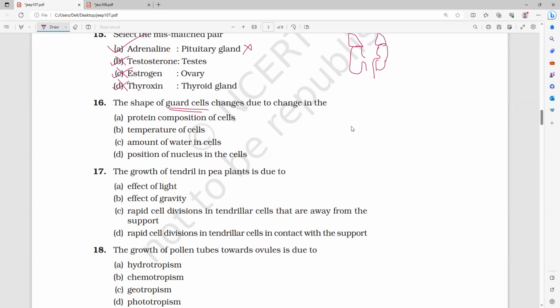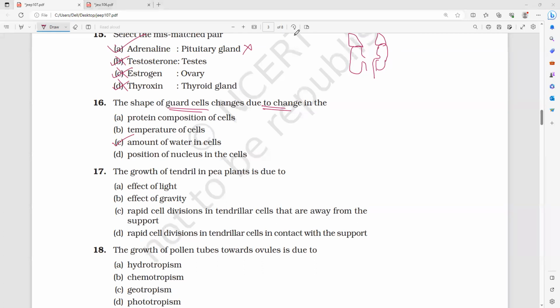Guard cells regulate the opening and closing of stomata. Am I right? So the shape of the guard cells changes due to the change in the amount of water in cells. Please write it.